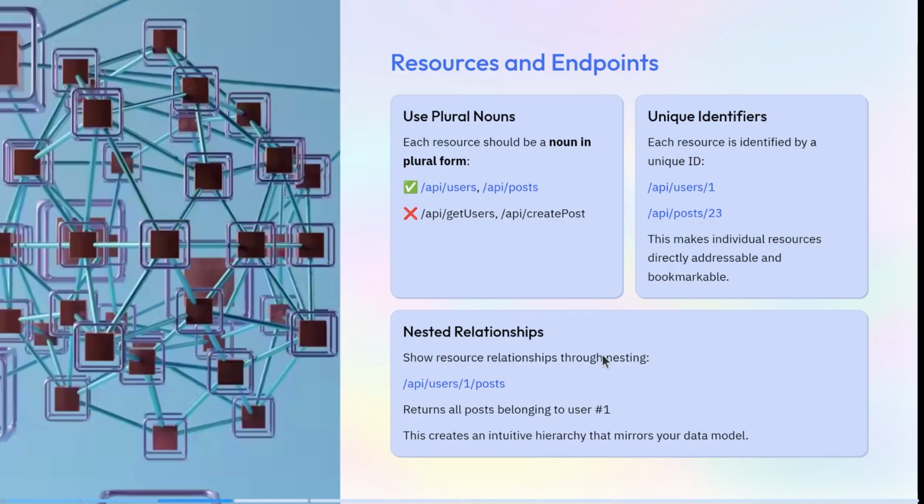If we want to get nested relationships, such as all posts for user 1, we still use the same approach: /api/users/1/posts. So that's the basic rule of resources and API endpoints in REST.